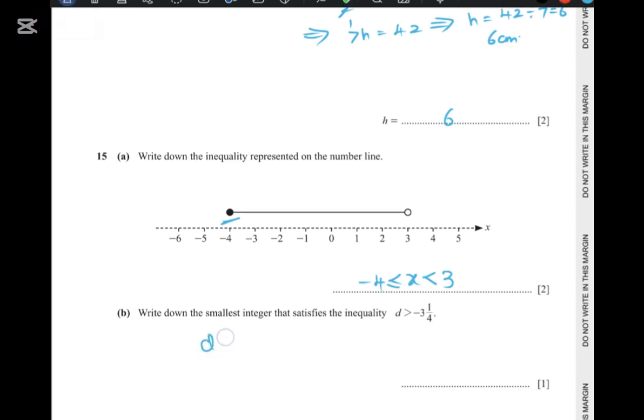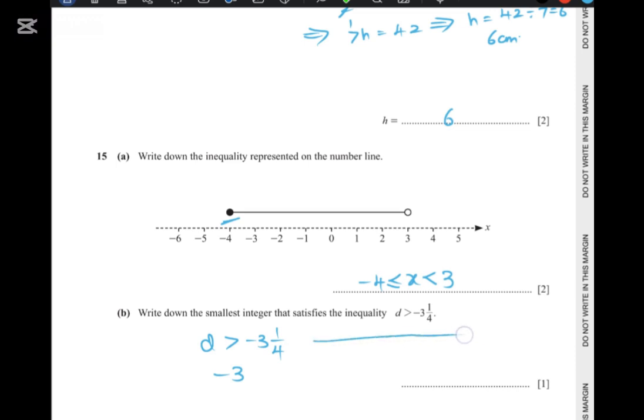So d is greater than -3 1 by 4. So the smallest integer will be -3, because -3 is greater than -3 1 by 4. So the smallest integer will be the next integer.